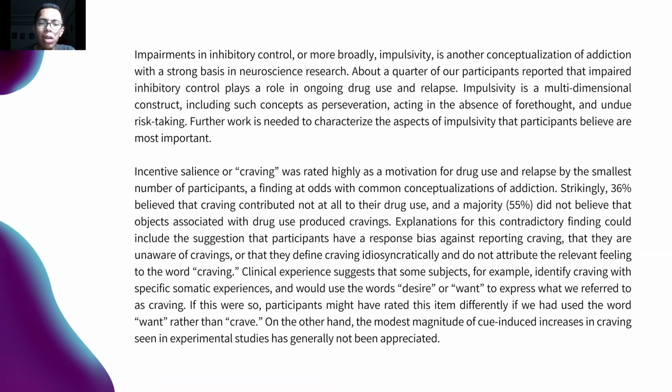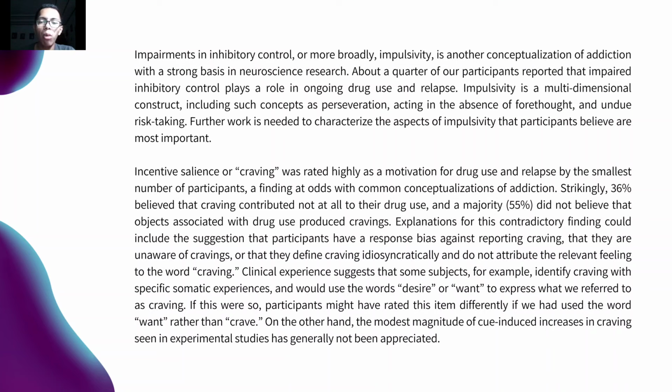Impairment in inhibitory control, or more broadly impulsivity, is another conceptualization of addiction with a strong basis in neuroscience research. About a quarter of our participants reported that impaired inhibitory control plays a role in ongoing drug use and relapse.